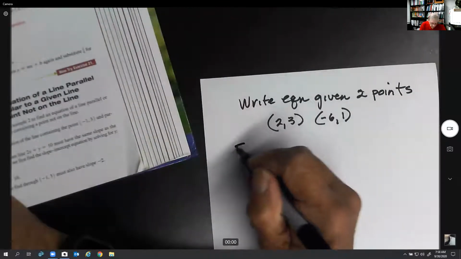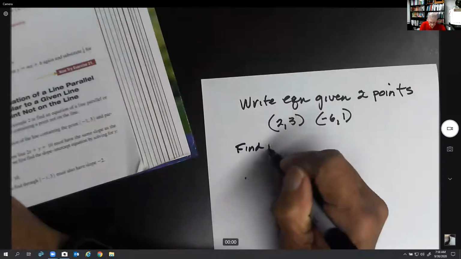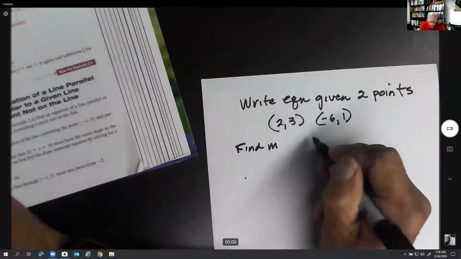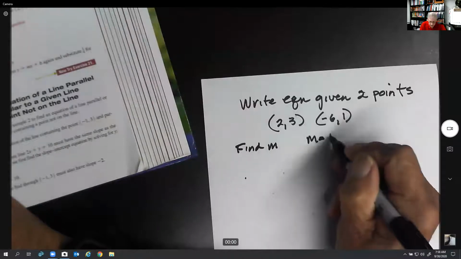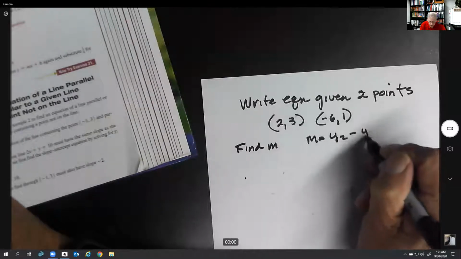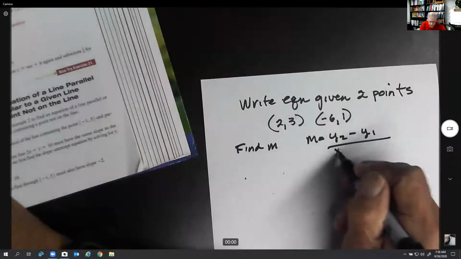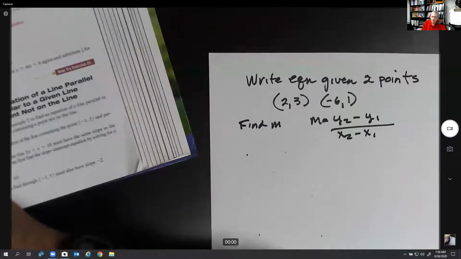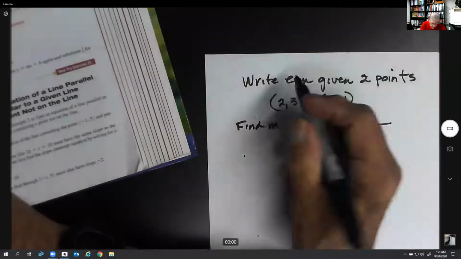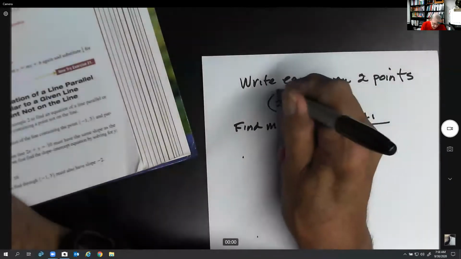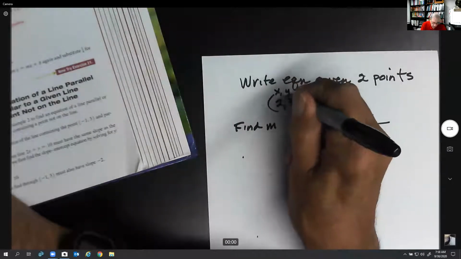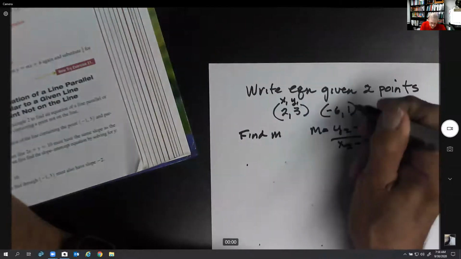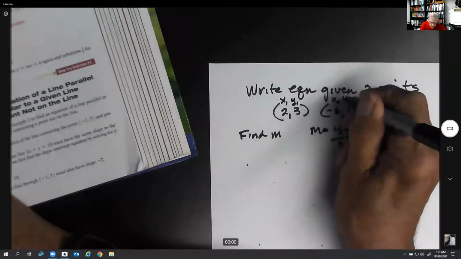Okay, find the slope. And we know m is equal to y sub 2 minus y sub 1 over x sub 2 minus x sub 1. So we're going to substitute. Let's label these. x1, y1, x2, y2.